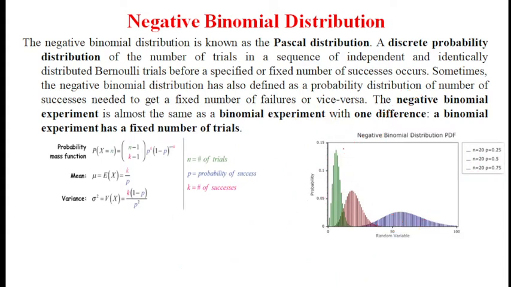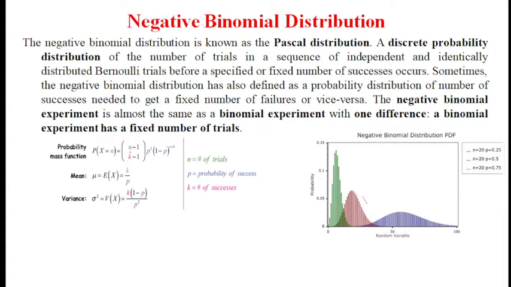Here you can see the diagram of negative binomial distribution, how it would be when you apply it to find the number of successes. There is no fixed number of tries, and this is the main characteristic of this negative binomial distribution.